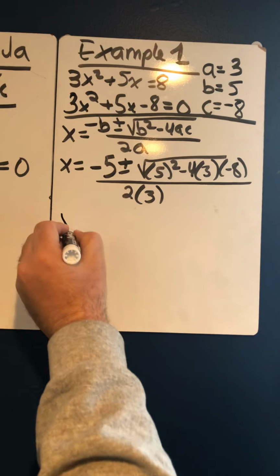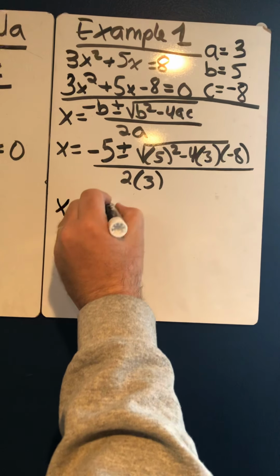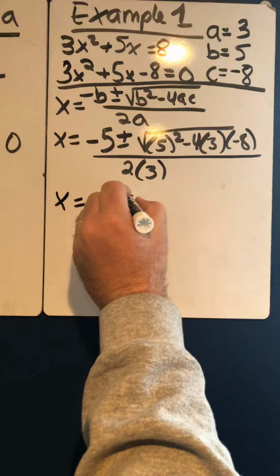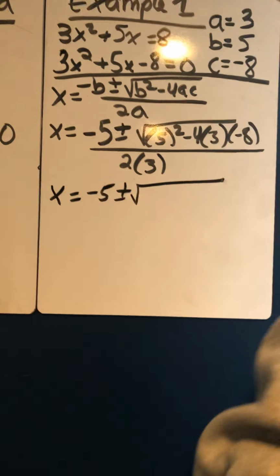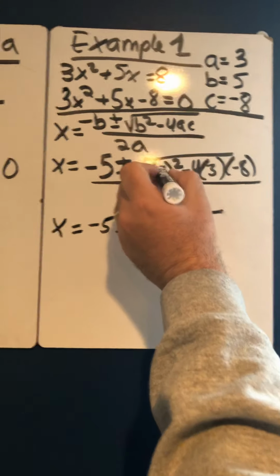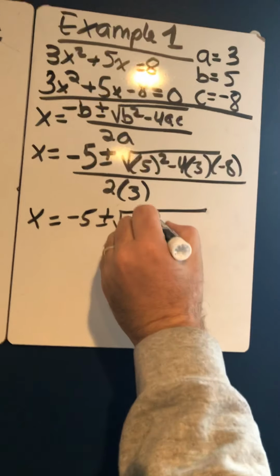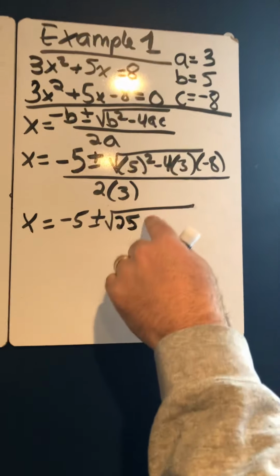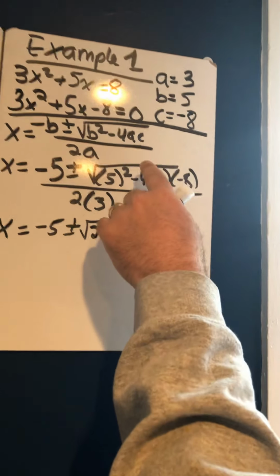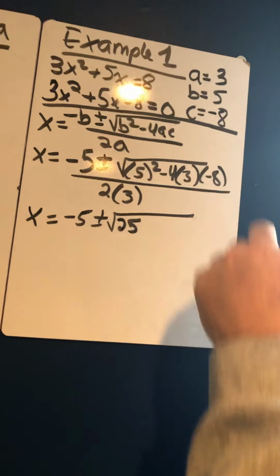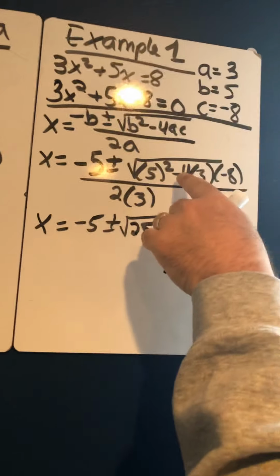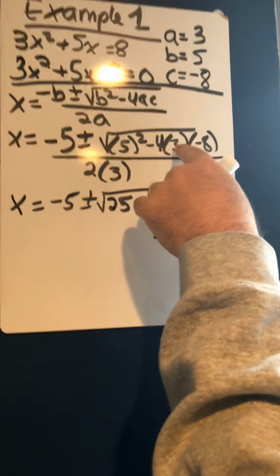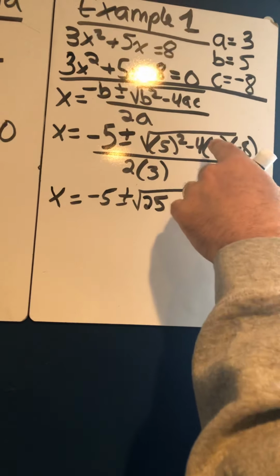Okay, so I'm going to simplify the discriminant. Negative 5 plus or minus the square root of, 5 squared is 25. Now here, it's really important: note that I'm not carrying down the subtraction. I'm just going to do out this math, 3 things being multiplied. Negative 4 times 3 is negative 12.